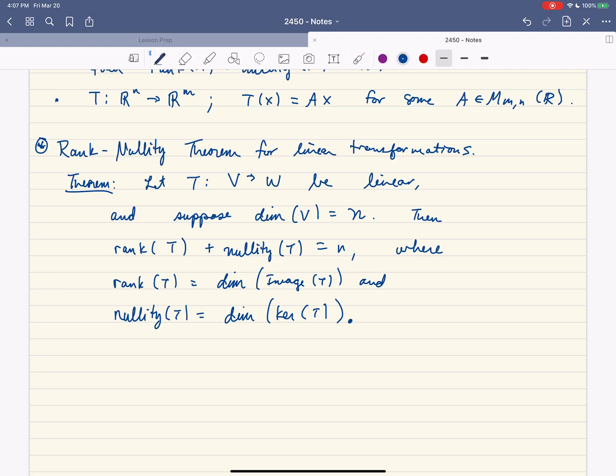But it turns out that they are subspaces, therefore they have dimensions. Everything is fine. And so it turns out that the rank of T plus the nullity of T has to add up to n. Okay, so in other words, the dimension of the image plus the dimension of the kernel has to be the dimension of the domain V. Okay, that's the rank nullity theorem for linear transformations.